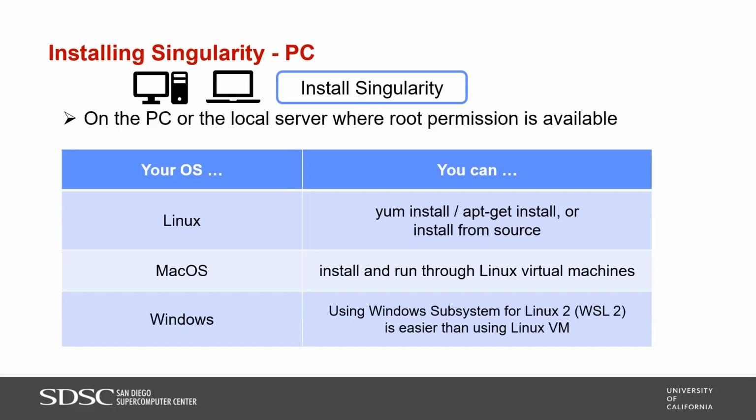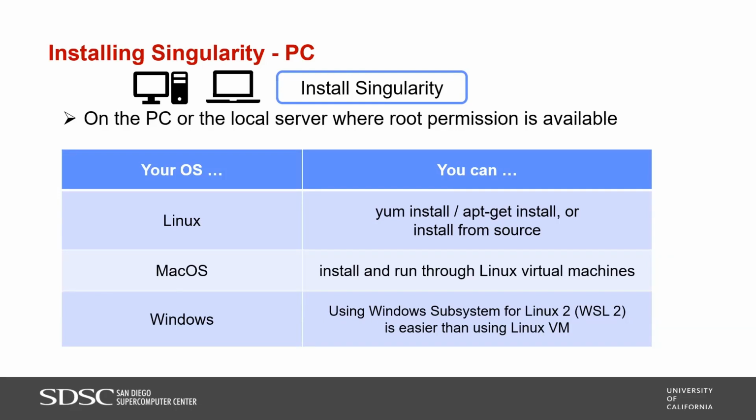But if you are a Windows user like me, I'd recommend you install a Linux platform in Windows, which is called the Windows Subsystem for Linux. Now it is in the second version of this platform, so it's called WSL2. That's a Linux platform for Windows users, and it's very easy to install WSL2.